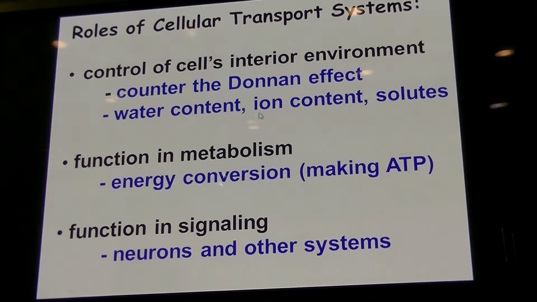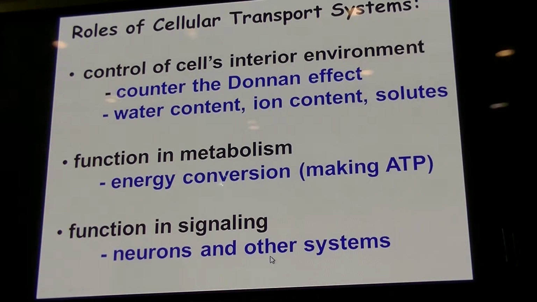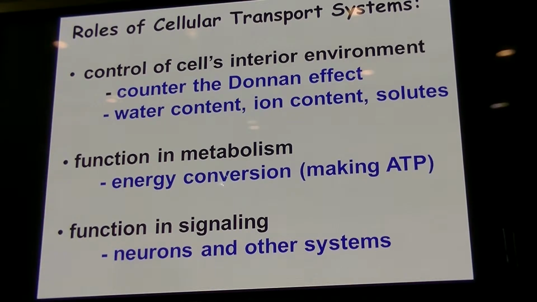To control the amount of water and the amount of ions, etc. that is in cells. We need transporters in order to have actual energy metabolism. The whole process of making ATP depends on transport systems. And then, in order for us to communicate, we need transporters, channels, and pumps.